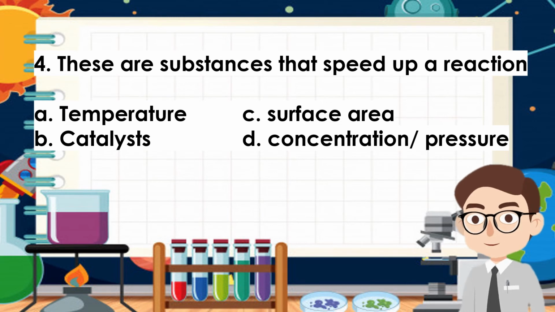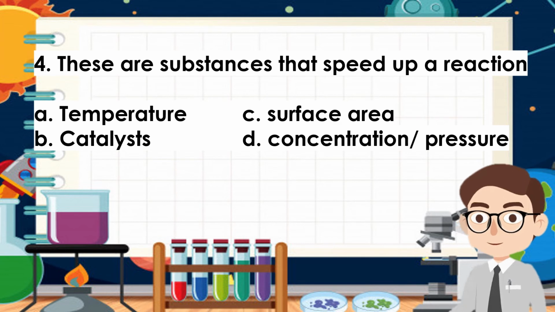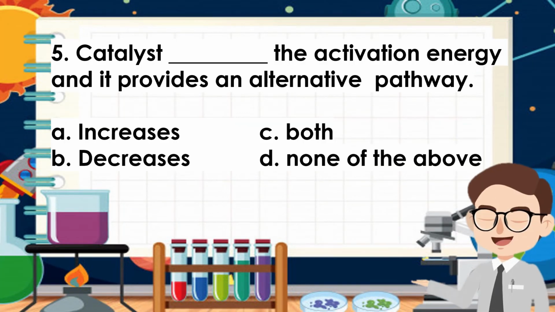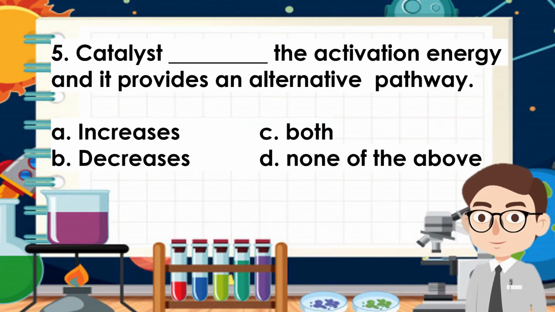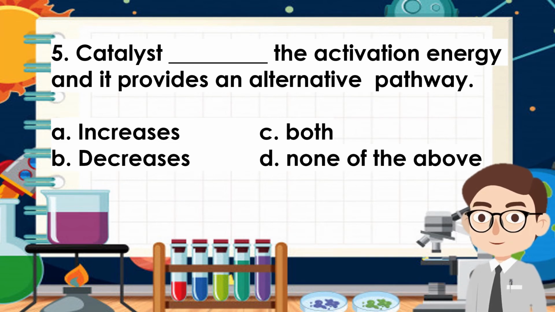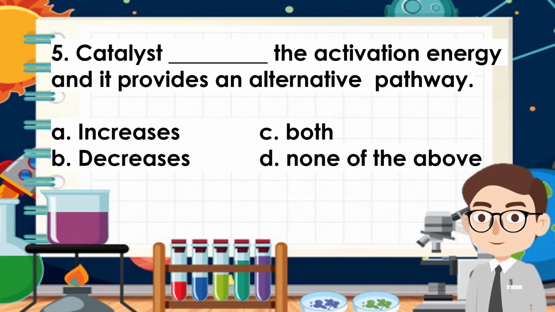Letter B, catalyst. Letter C, surface area. And letter D, concentration or pressure. Number 5. A catalyst blank the activation energy and it provides an alternative pathway. Letter A, increases. Letter B, decreases. Letter C, both. And letter D, none of the above.